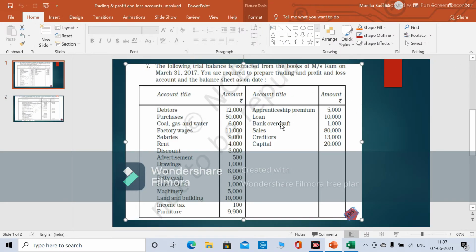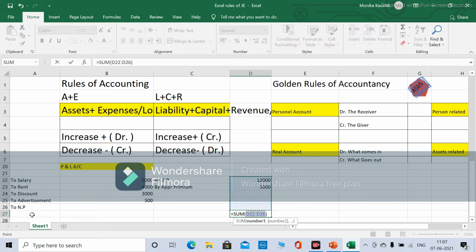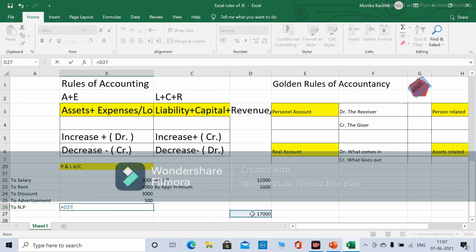Loan, balance sheet item. Bank overdraft, balance sheet item. Sales, creditors, capital as well. So that's it to find out the net profit. What will we get? We will get the net profit, equal to this minus this minus this minus this minus this.